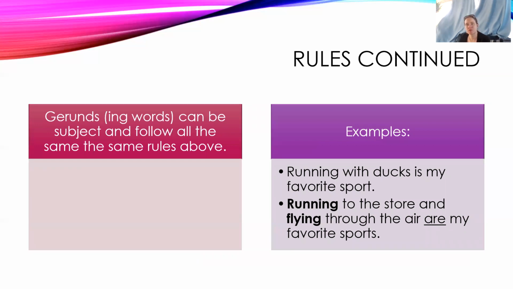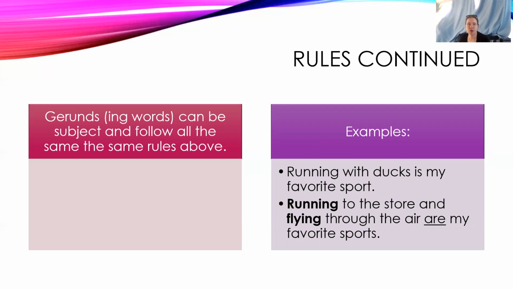With this rule, we are looking at gerunds. These are ing words. They look like a verb, but they act like a noun. When you have an ing word, you follow the standard of a normal singular subject or compound subject. That means that if you have one gerund, you have a singular subject, and your verb needs an S. If you have two gerunds connected by and, you have a compound subject, and there is no S on the verb.